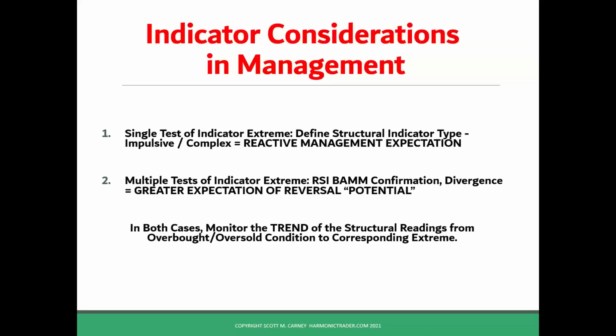But if we have something larger, like an RSI BAM or a confirmation divergence, then we have evidence of support being confirmed by the indicator readings. Now we want to monitor the trend in those structural readings as well. And again, I mentioned how we can look for W formations once we get out of the extreme.